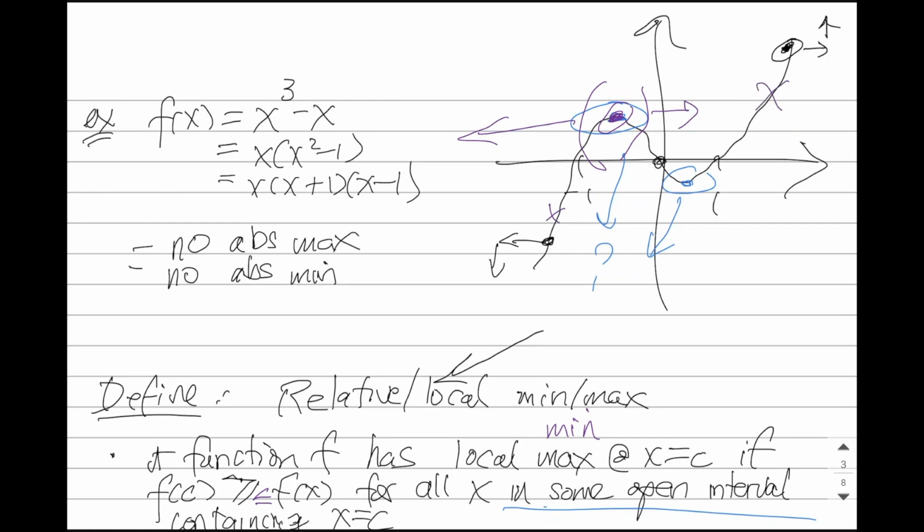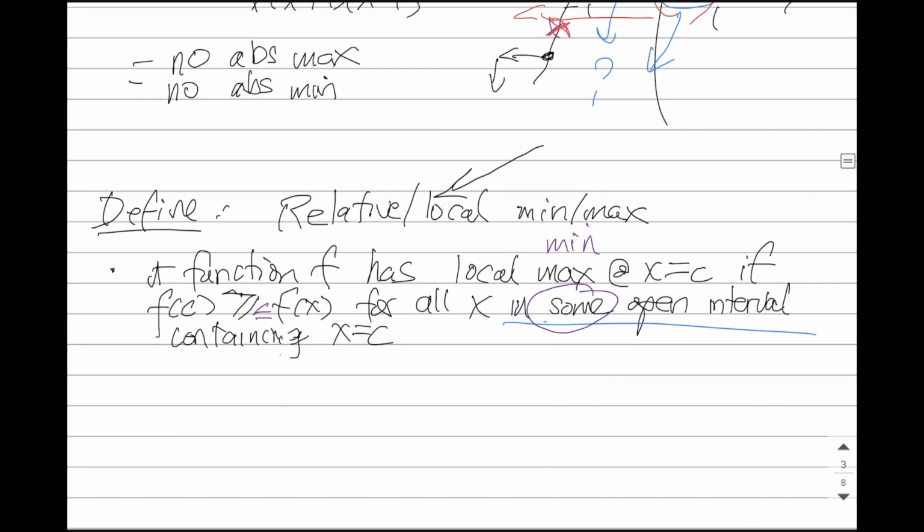So I can't make the interval too big, but the definition doesn't care. It just says some open interval. If I were to cup my hands around this point, I can see that in that little neighborhood, it's lower than any other point. Now, I can't make that interval too wide because if I start going too wide, I will find another point that's lower. But that's okay. The definition says some open interval.